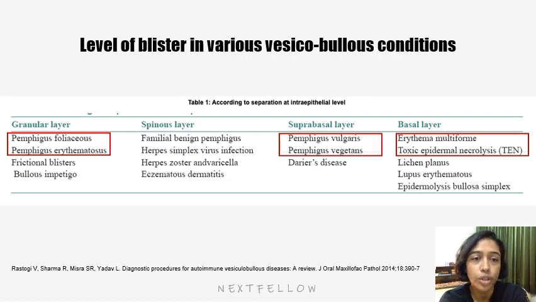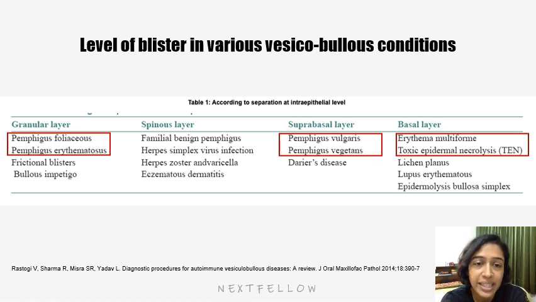So this is an important chart. This shows the level of the blister within the epidermis and the important diseases at each level. So in the granular layer, that means superficial blisters, most important are pemphigus foliaceus and pemphigus erythematosus, which is a less common variant of pemphigus foliaceus.